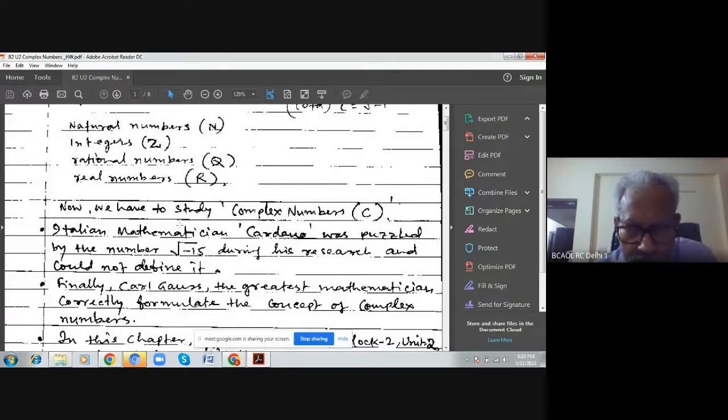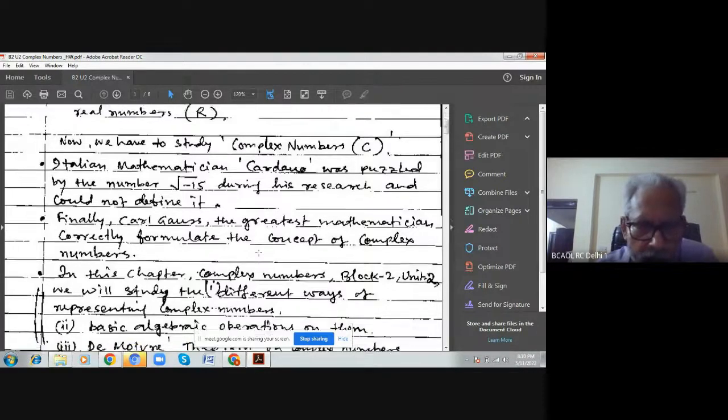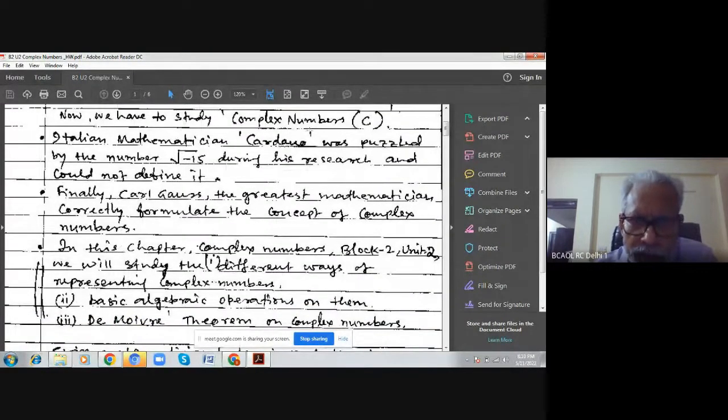They could identify squares or cubes in algebra, but when the root came, they were totally confused and research started. Finally they derived how to calculate these roots, so that concept came. Finally, the great mathematician Carl Gauss reformulated the concept. That is some background on how the complex number came about.